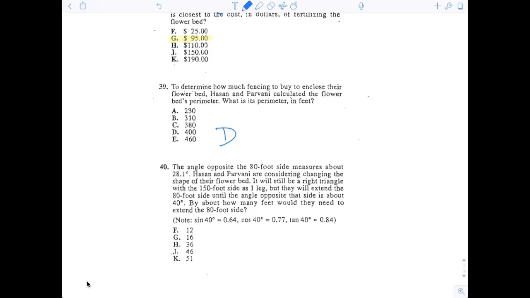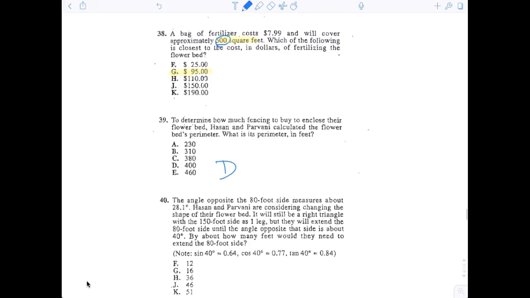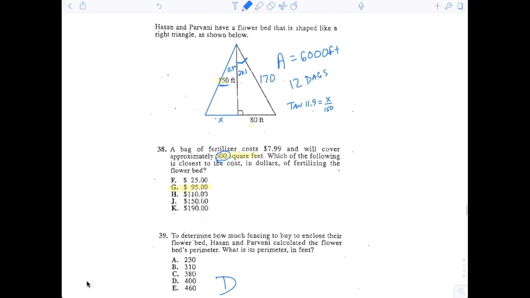But they will extend the 80-foot side. So the 80-foot side would be extending to the right rather than the left. Oh, yes. Thank you. Right, yep. I totally did it backwards. Thank you, guys. That was good.